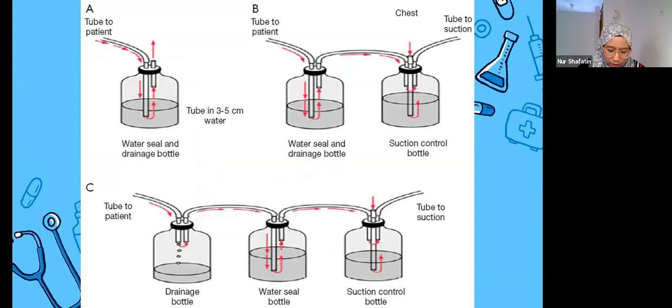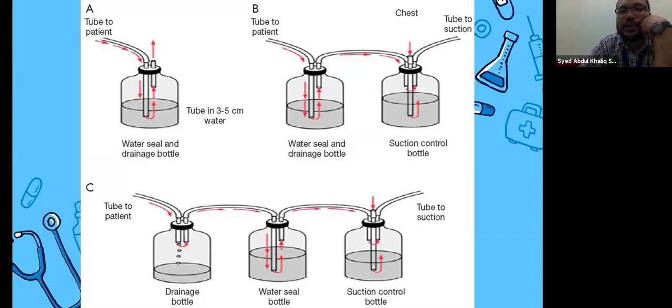It can be the single bottle, which we call the underwater seal chamber, or a double bottle, which we call the trap bottle, and when there are three bottles, it is called the suction regulator chamber.